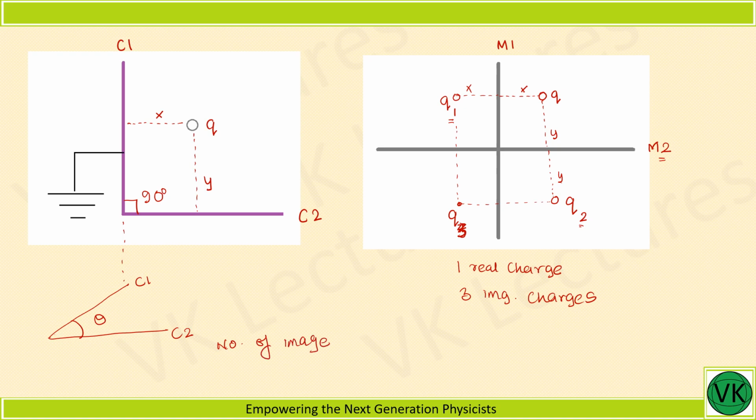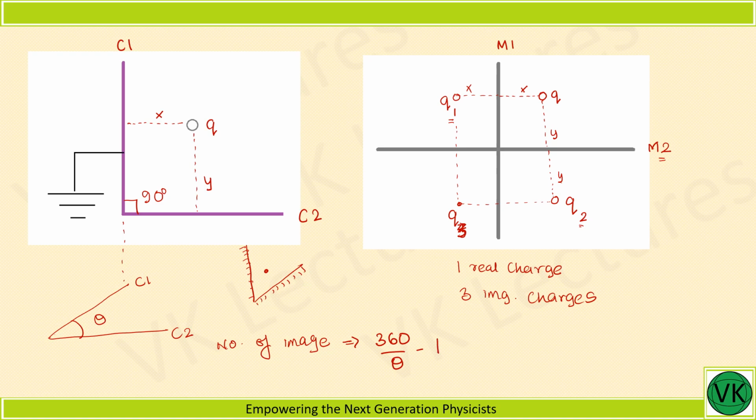This you might have done in your lower classes when two plane mirrors are kept inclined at some distance, just like you see in hair salon. If you place an object here, number of images formed will be equal to 360 divided by theta minus 1.